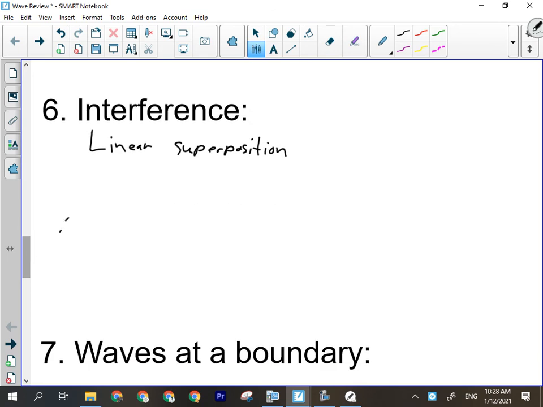So that wave and that wave are occupying the same space at the same time. Draw me a picture of what the resulting shape of the medium would be, or what the resulting waveform would be. So how do I figure that out?